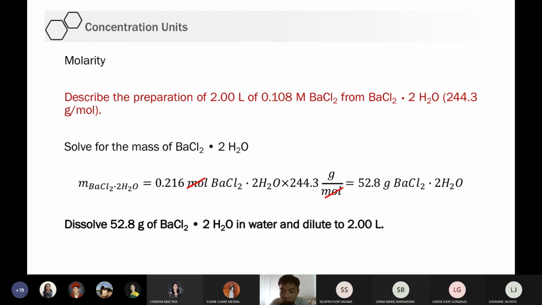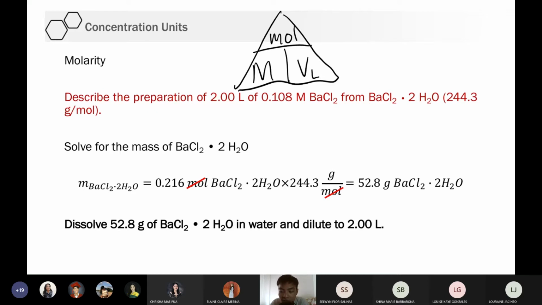Lahat ng equation sa mundo gumagamit ng triangle halos, no? Tignan mo molarity. Molarity, mole, volume in liters, 'di ba? Ikot-ikot ka lang diyan. Tignan mo yung mass-mole relationship. Ito, mole, mass, molar mass, 'di ba? Triangle ulit. Okay? So ganun.